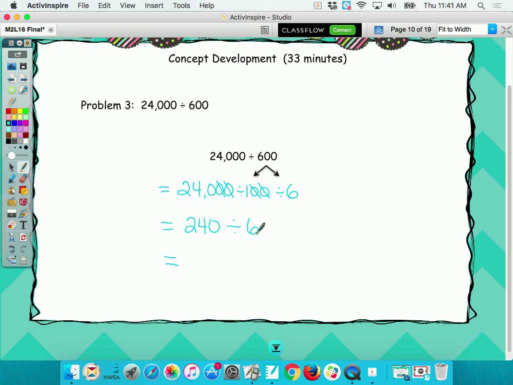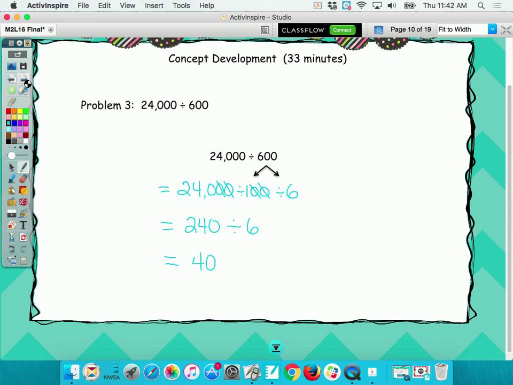What is left over, boys and girls? 240 divided by 6. Now, how do I figure this out? So 6 times something equals 24. 4. Add your 0 and what's your answer? 40.